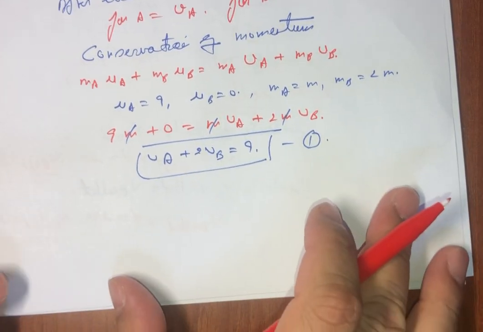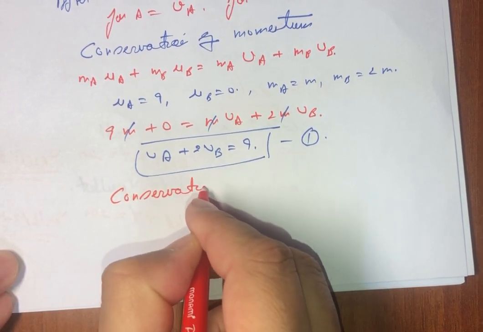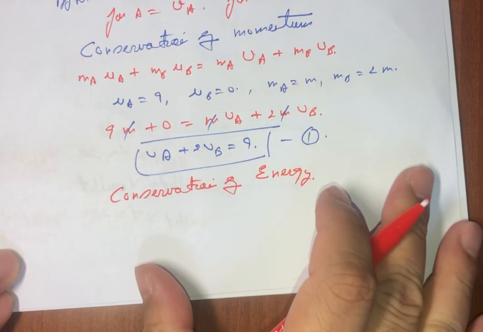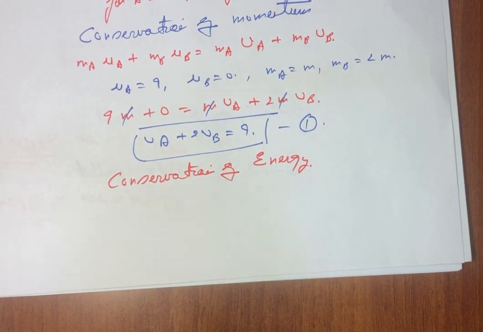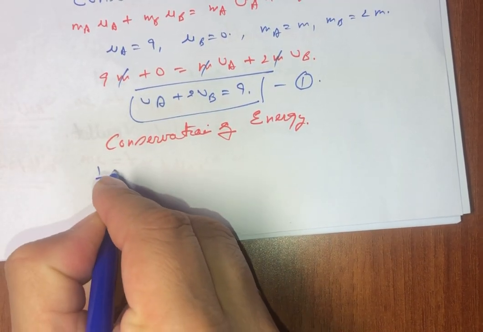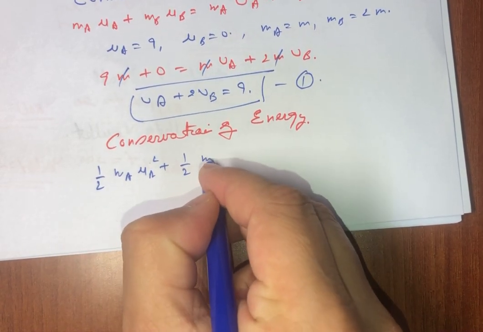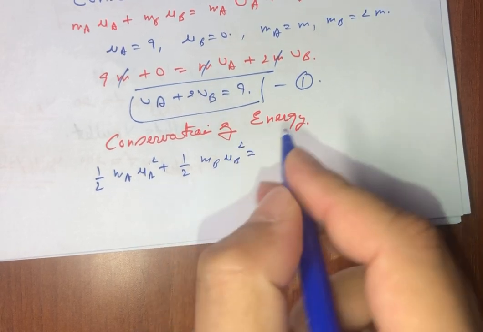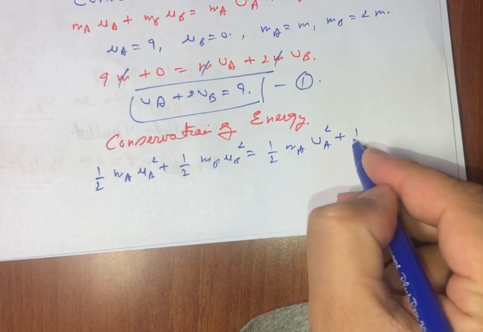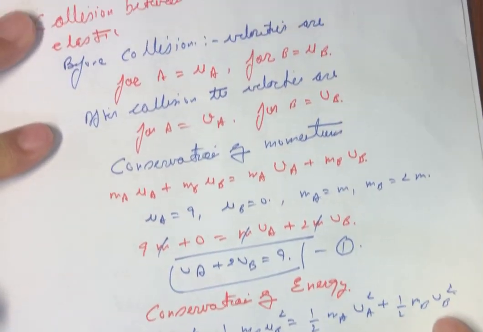Now using conservation of energy, half MA UA square plus half MB UB square is equal to half MA VA square plus half MB VB square.